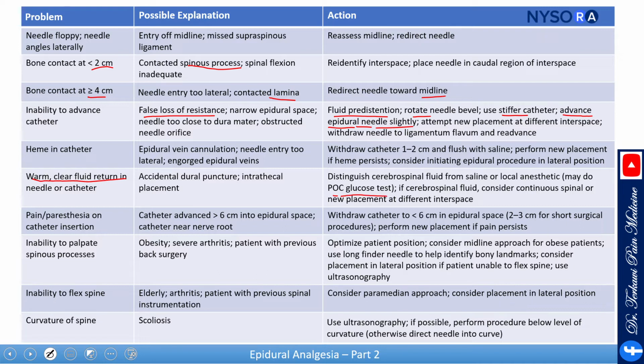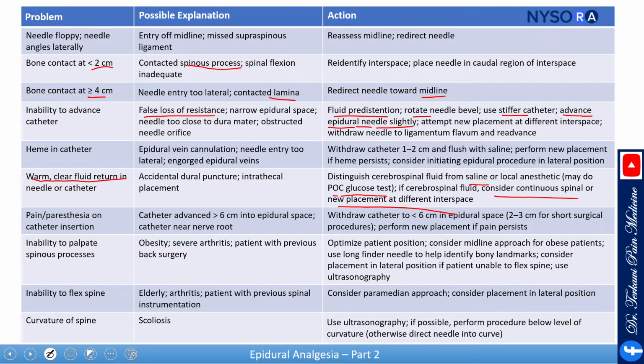If it's CSF, you will find some glucose. If it's saline, you shouldn't. If it's cerebrospinal fluid, then consider a continuous spinal or a new placement at a different level. That's a big debate and a big topic which I'm not covering today.